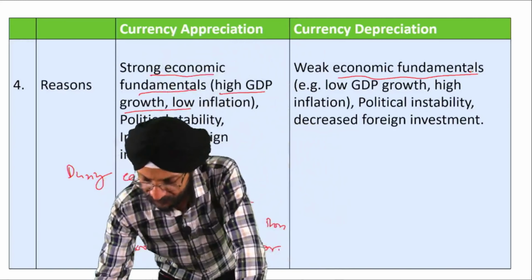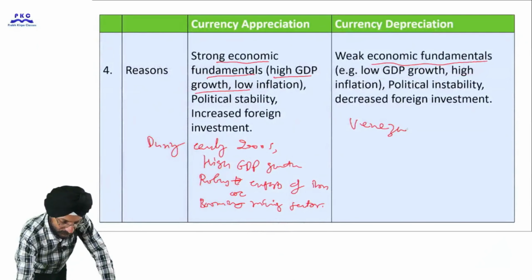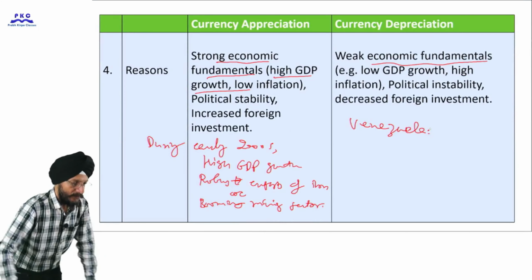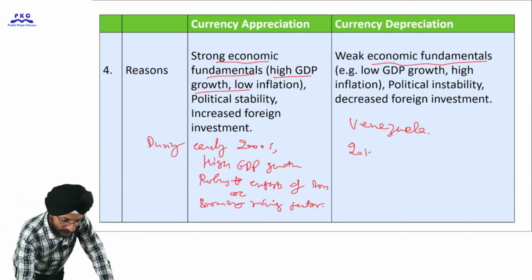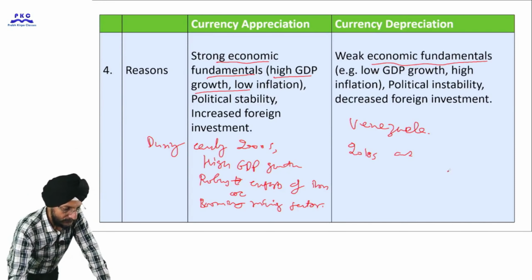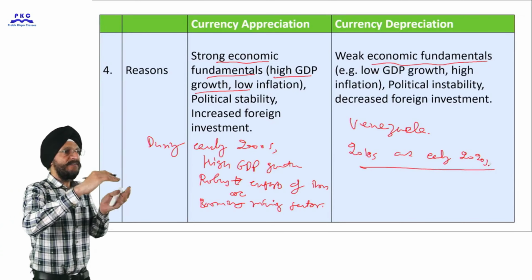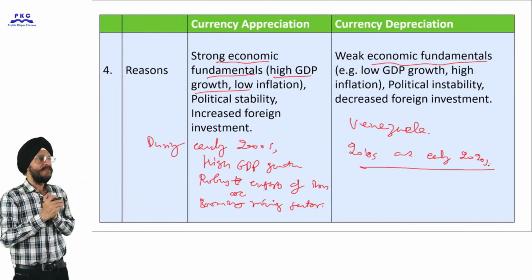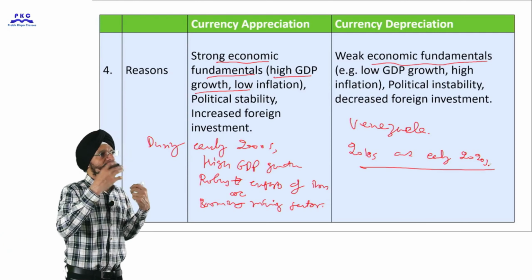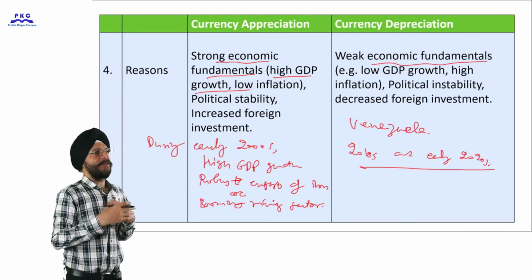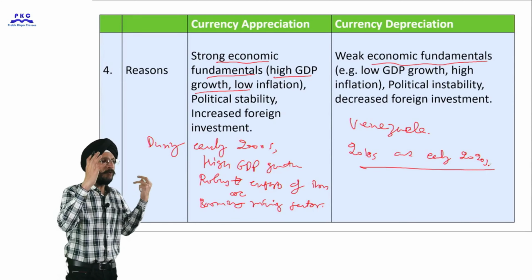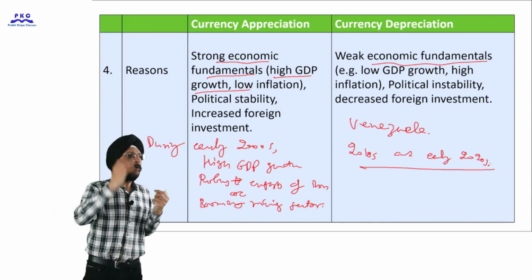We take the example of Venezuela. In the late 2010s and even up to the early 2020s, Venezuela suffered currency depreciation because there was low GDP growth, high inflation, the policies of the government were not good, and there was political instability.